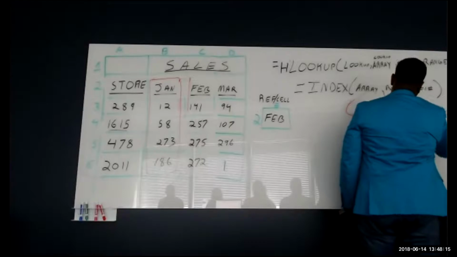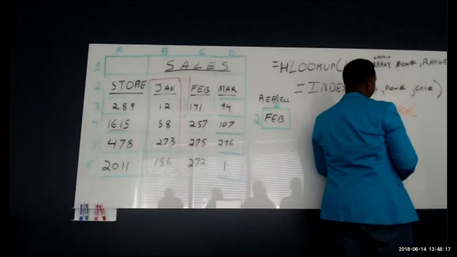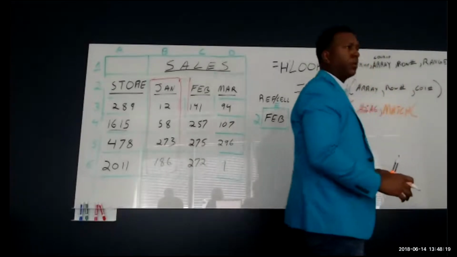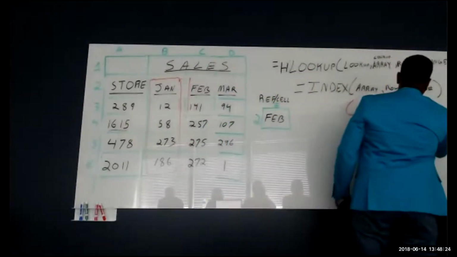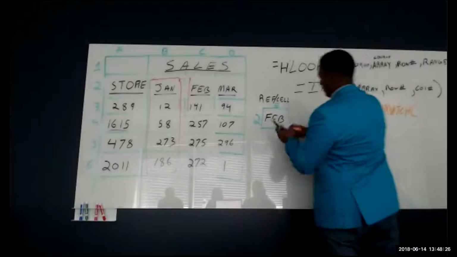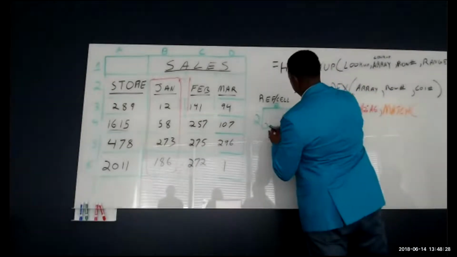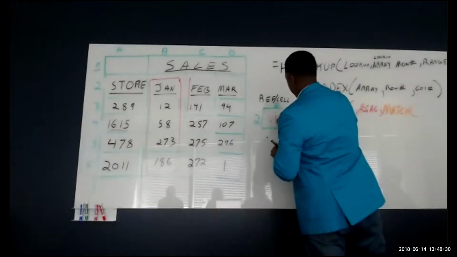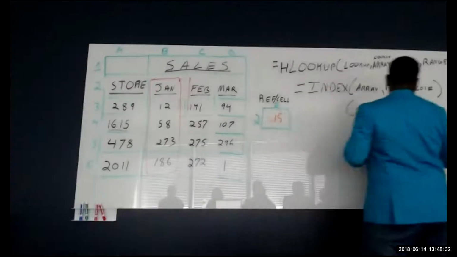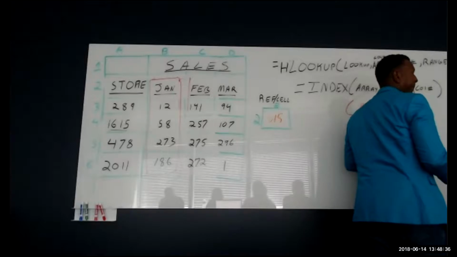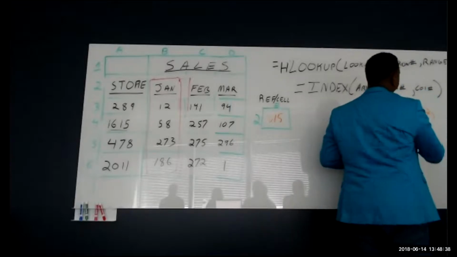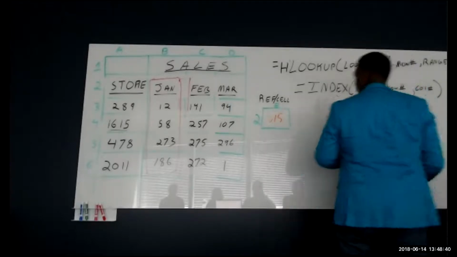And I'm going to go MATCH. And then I'm going to say, what am I looking for? 615. And I'm going to reference my reference cell in E2. So I'm going to put E2 here. And then it's going to say, well, where can I find what you told me to find in E2?